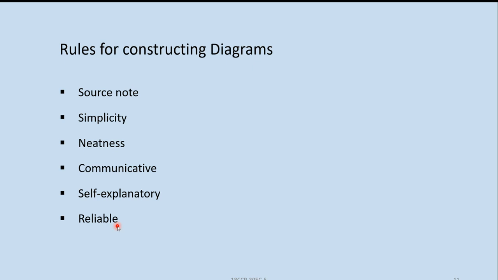Because when you have seen some rules in the previous slide, all those things will help you to present the picture in a very understandable form, and they are self-explanatory in themselves, and the picture is more reliable, because a picture is always conveying the meaning correctly when it is given correctly.